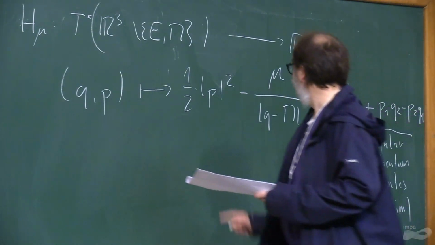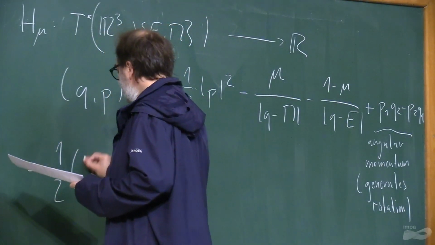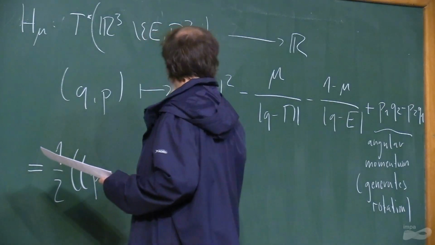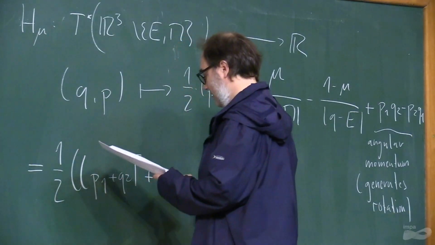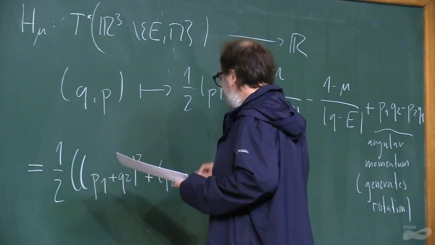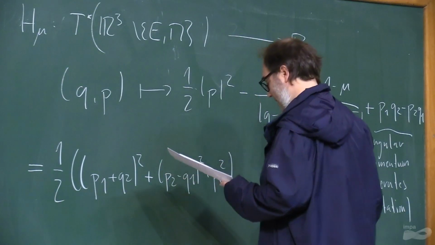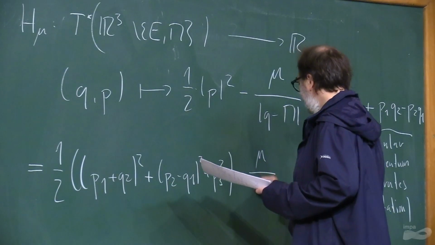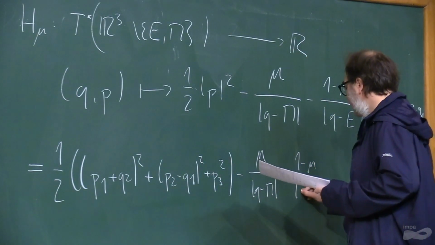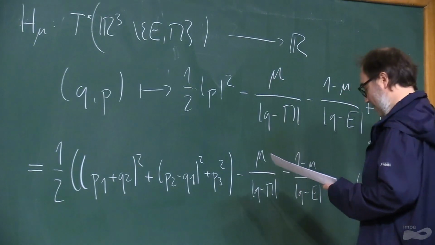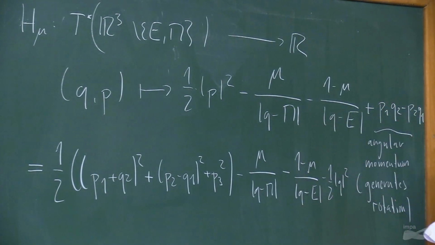If I complete the squares, I can also write this Hamiltonian as one half times (p1 plus q2) squared plus (p2 minus q1) squared plus p3 squared, minus mu divided by the distance to the Moon, minus (1 minus mu) divided by the distance to the Earth, and then, because I completed the square, minus one half |q| squared.